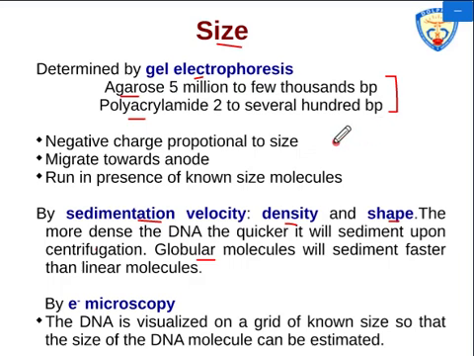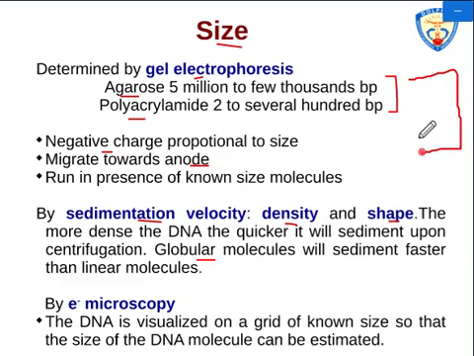Nucleic acids have an overall negative charge, and that negative charge is proportional to their size. So they will migrate from the negative electrode towards the positive electrode, or from the cathode towards the anode. Now, how do we determine the size?